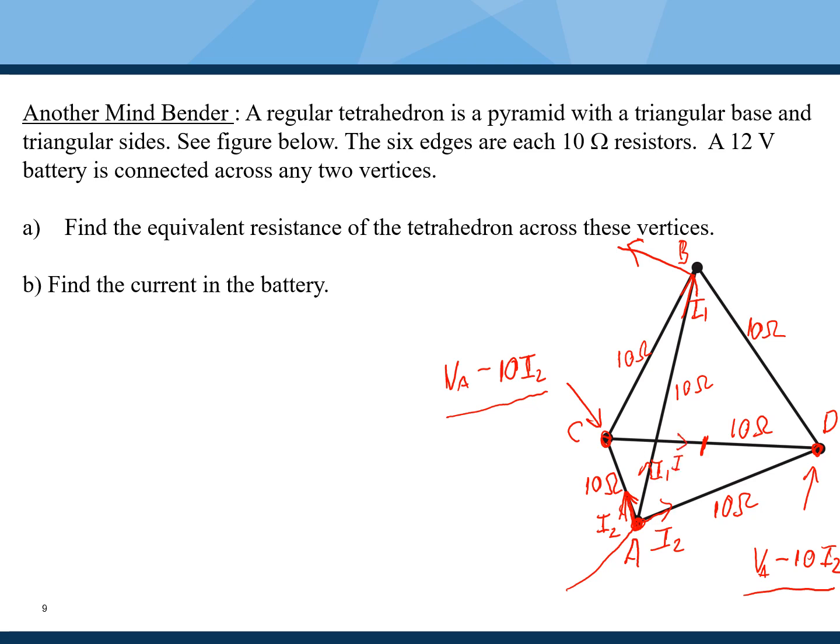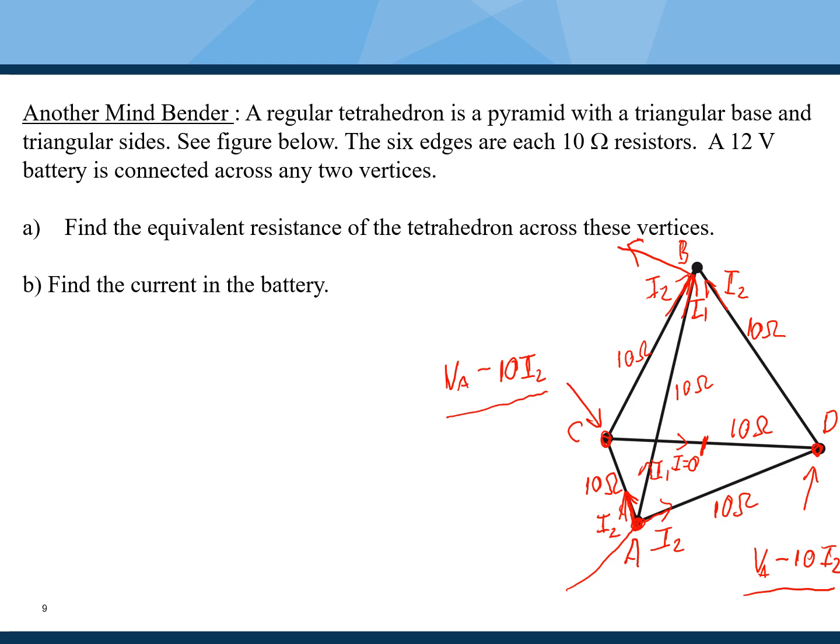So the current out here is equal to 0 along the leg going from C to D. That means that all the current I2 that flowed from A to C is also going to flow from C to B. So we have I2 flowing in the leg given by C to B. Likewise, all the current that flowed from A to D is not going to flow from D to C, but rather is all going to flow from D to B. And so we have a current I2 again going in the leg given by D to B.